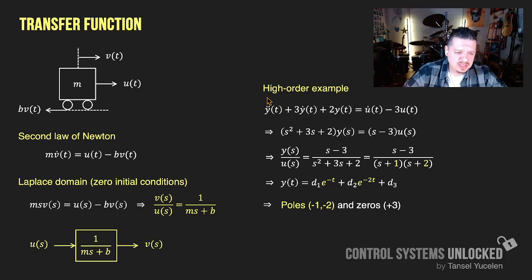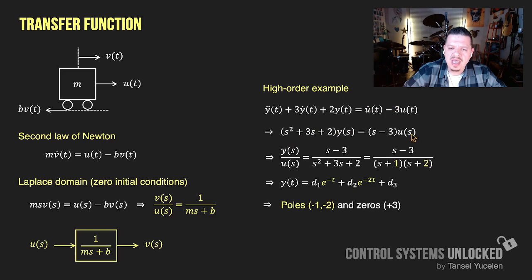So in the high order example, instead of one derivative, you have two derivatives. What I'm going to explain can be scaled to any number of derivatives, okay? When you transform to the Laplace domain, instead of y double dot, you get s to the power of 2 times y, then 3ys plus 2y equals su minus 3u.